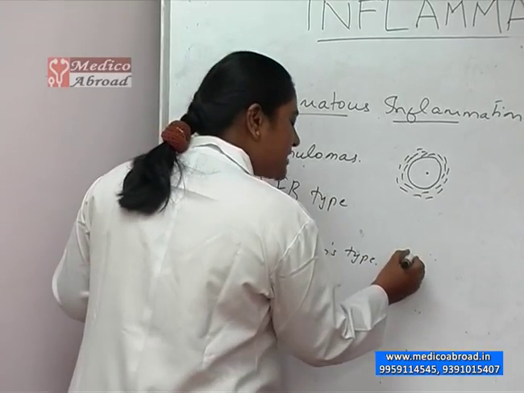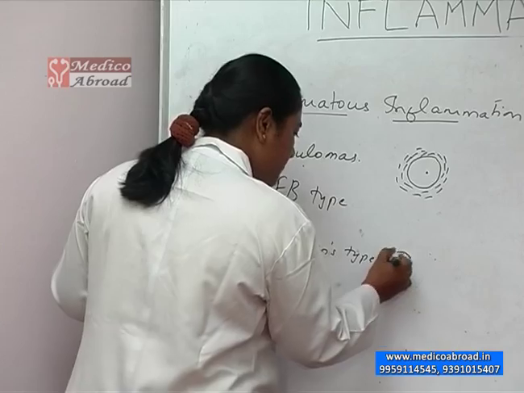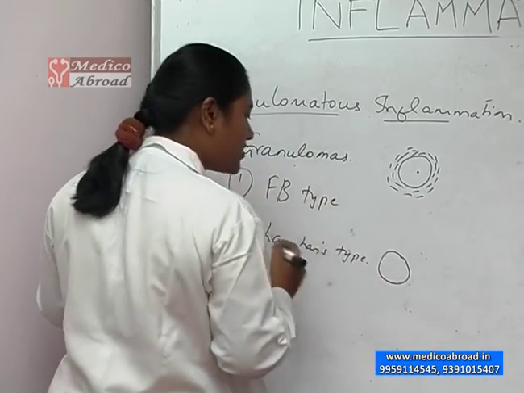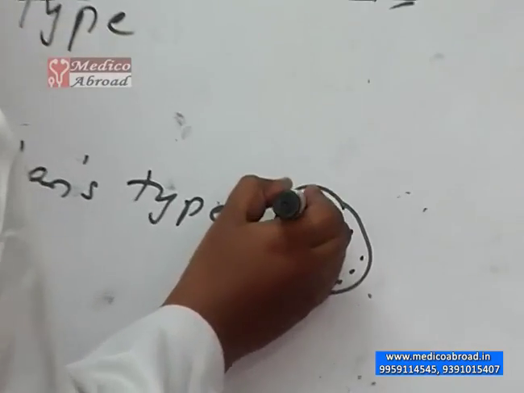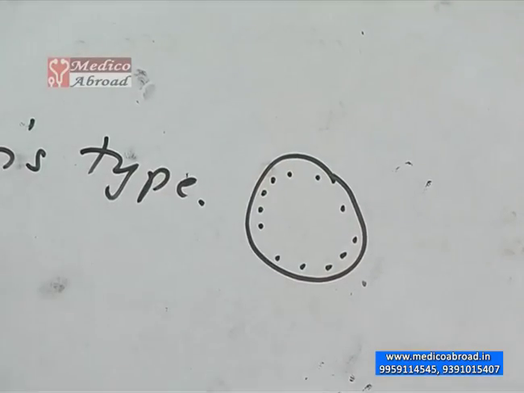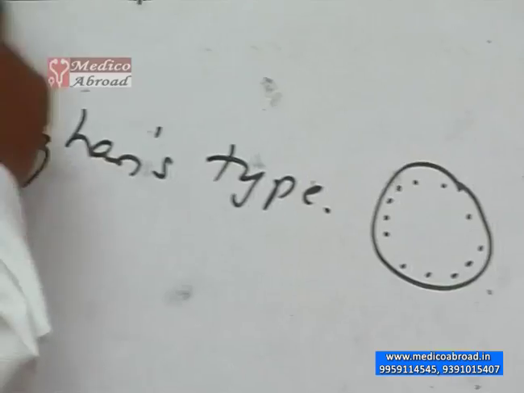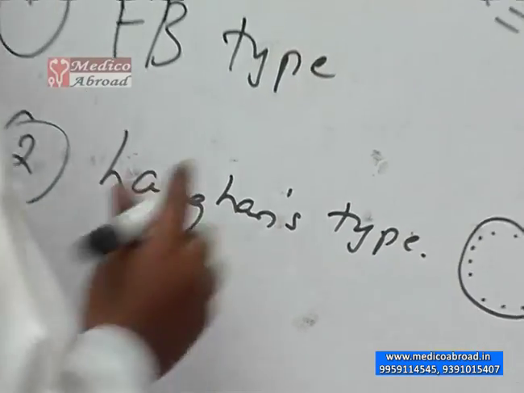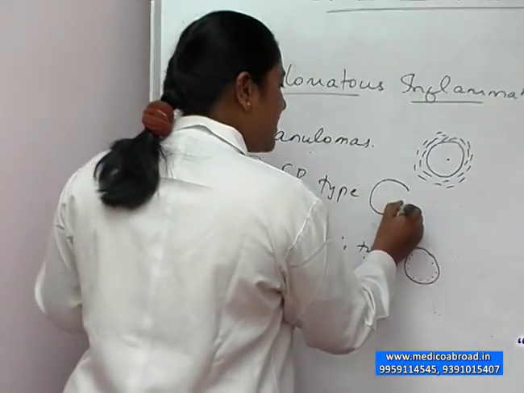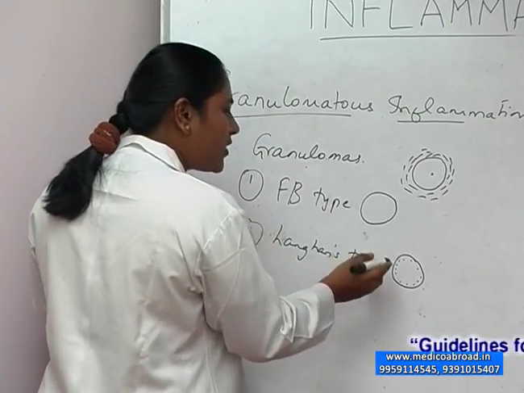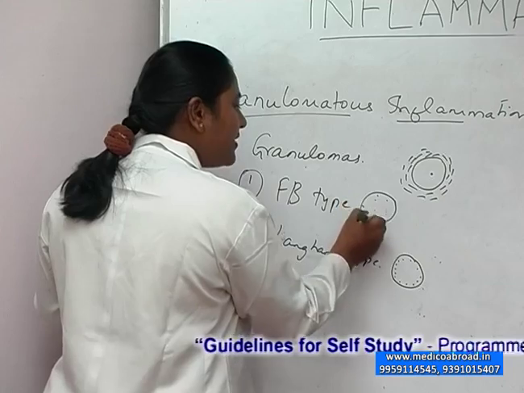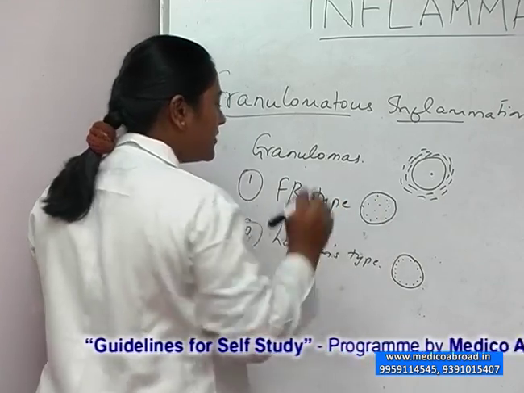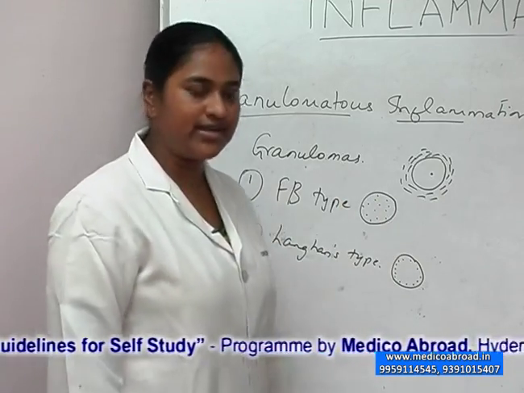Here, these epithelioid looking cells form one large cell with multiple peripherally arranged nuclei. This is a Langhans type giant cell. In foreign body type giant cells, the cell is similarly large, but the nuclei, instead of being arranged peripherally, are randomly arranged. This is a foreign body type giant cell.